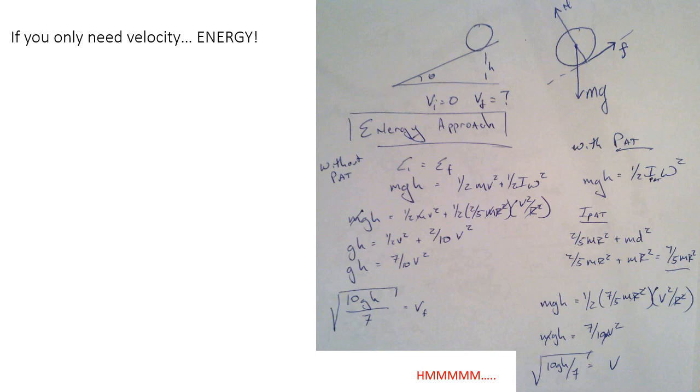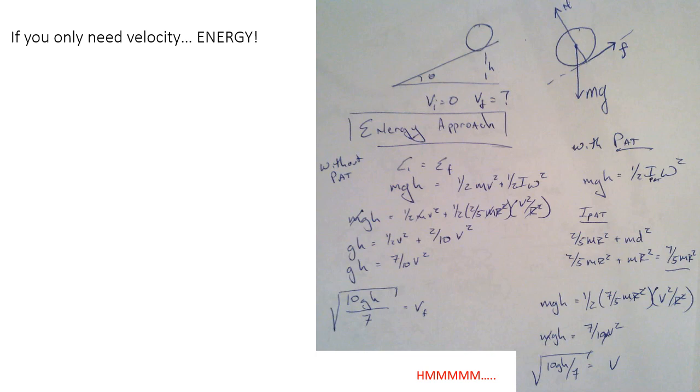Since we're not using the parallel axis theorem, we're treating these as separate pieces, handling the kinetic energy separately because we're considering the object as rolling from its center of mass. 1/2 mv squared is our translational piece, and 1/2 I omega squared is our rotational piece.